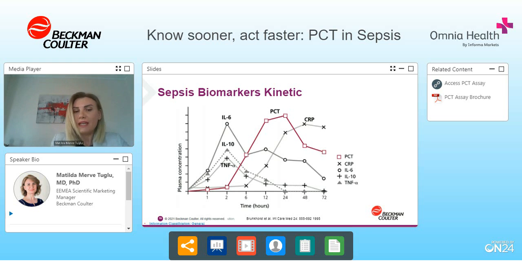If the blood is taken 2 hours after the infection, then procalcitonin and the C-reactive protein will not be beneficial to detect the infection compared to the cytokines. And it is the opposite if the blood is taken later, at 12 or 24 hours. From the kinetic studies, we can also notice that procalcitonin has rapid clearance following the resolution of infection.